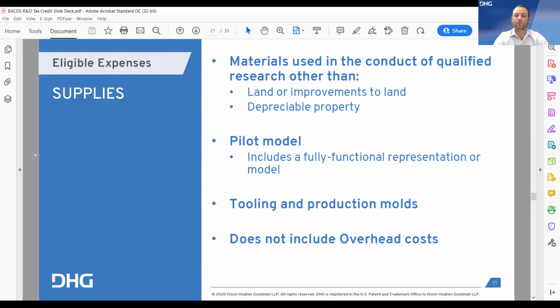But if you're looking to build or develop a new product, any supplies or materials that go into that new product are going to qualify as supplies. This would not include overhead cost allocations. So for example, in a manufacturing environment, you might have your direct wages, direct labor, maybe your direct materials, but the overhead allocation would not go into this.